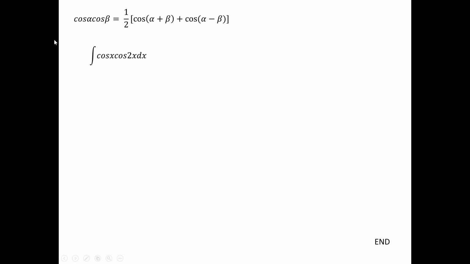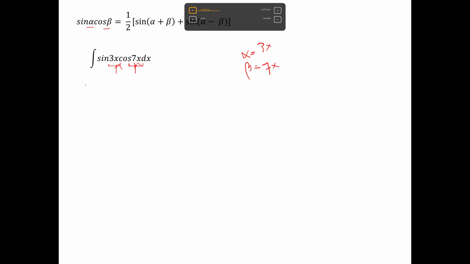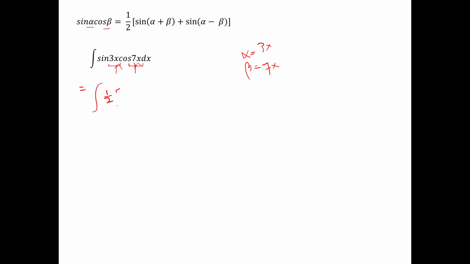The idea is I want to rewrite my question using the formula. So rewrite it. This equals 1/2 times sine alpha plus beta, 3x plus 7x, plus sine alpha minus beta, 3x minus 7x, dx, right? I rewrite this part into the formula.